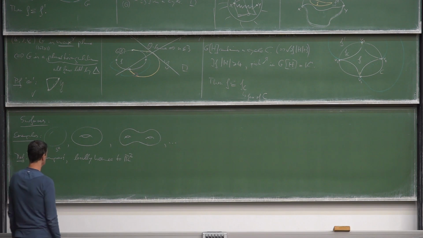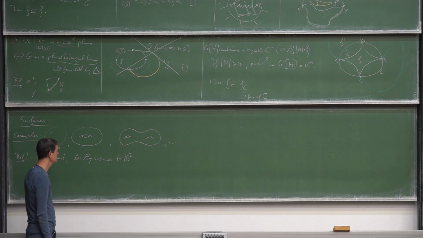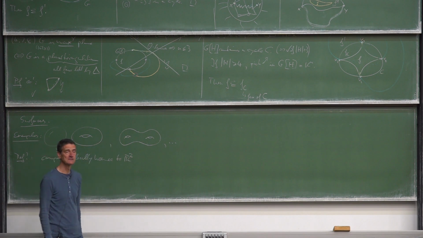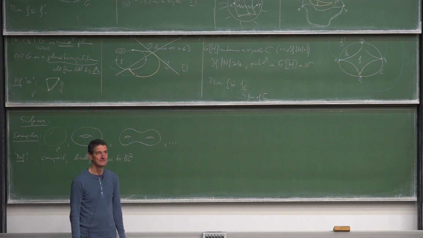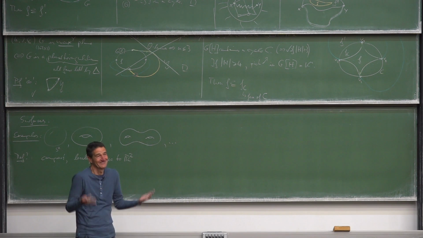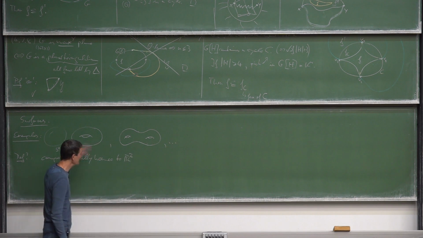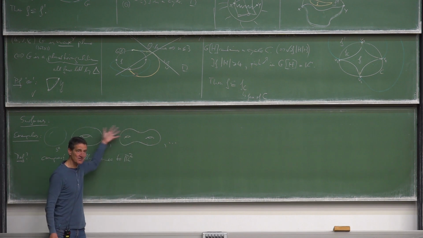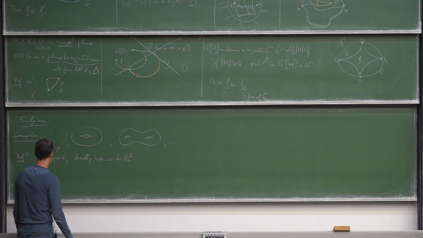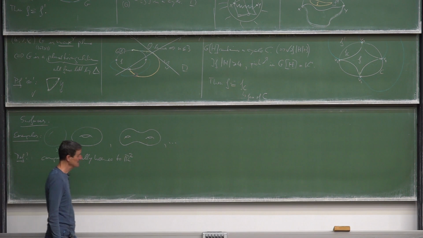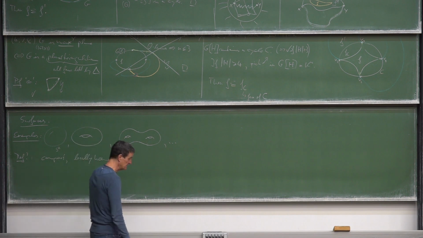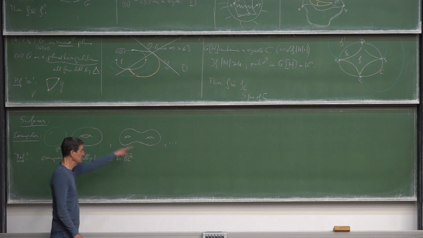Now, lots of questions. Are these things surfaces? Unclear, because I can't say what these things are. There are other ways of making this picture precise, and then it turns out that it does satisfy that, but that's all we can say. What we can ask is, are they all distinct?